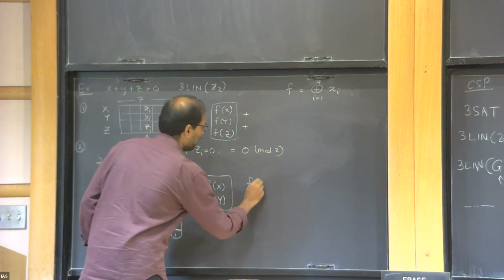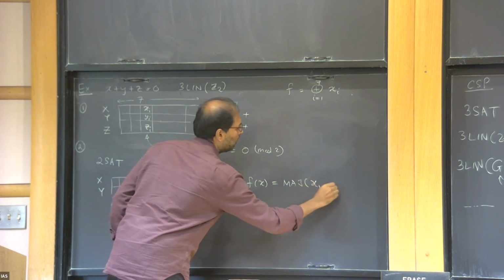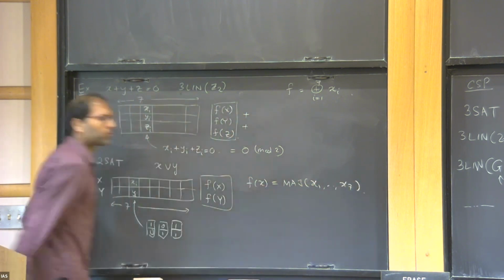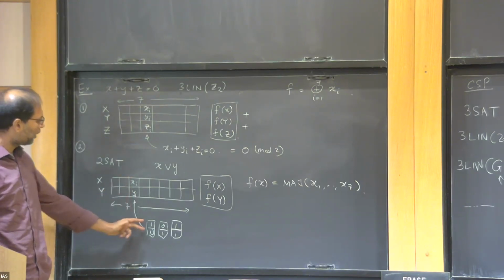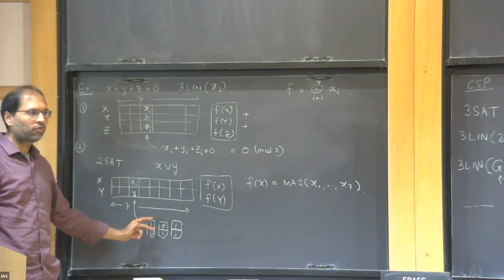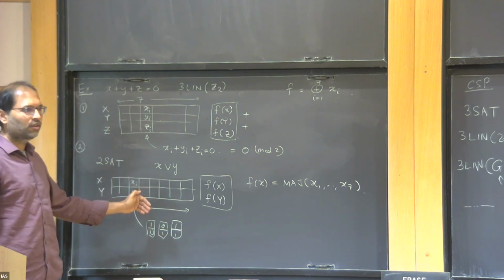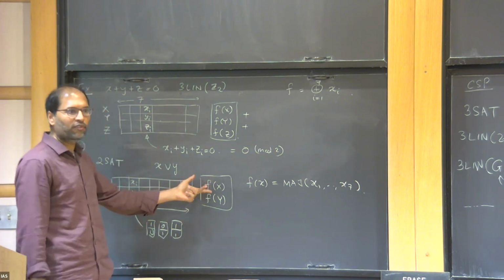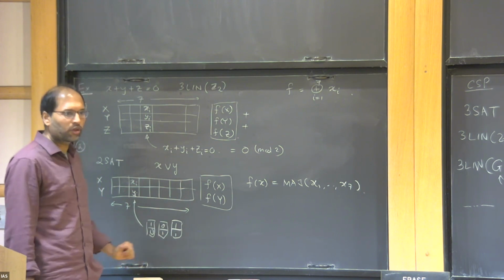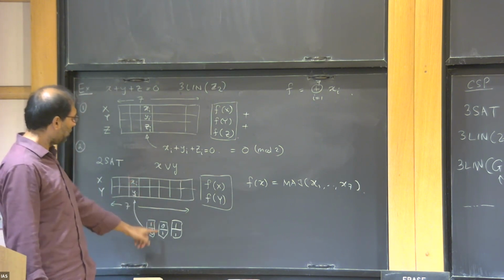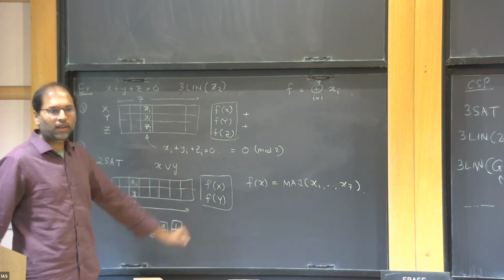So you could take f of x to be the majority of all the bits in the rows. It's clear that if each column is a satisfying assignment, the 1 is already in the majority for each column. And therefore, if you take the majority of the rows, in the output also 1 will be in the majority, right? So again, we have the same property that if every input column is a satisfying assignment, so is the output column.